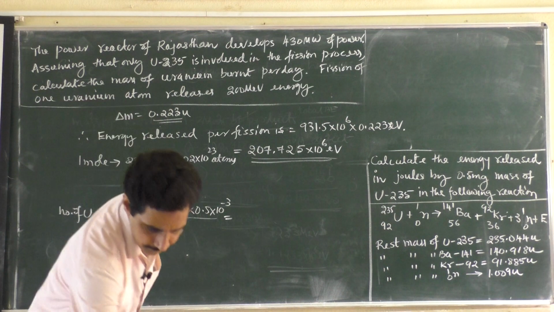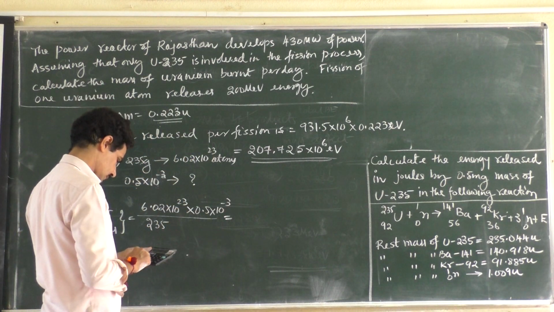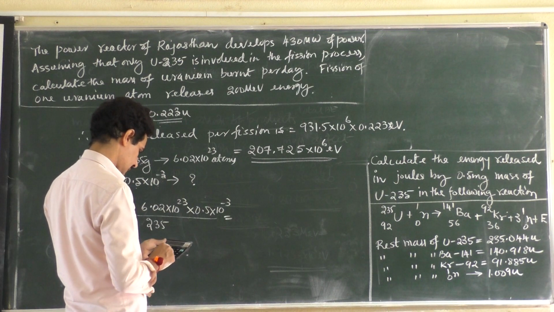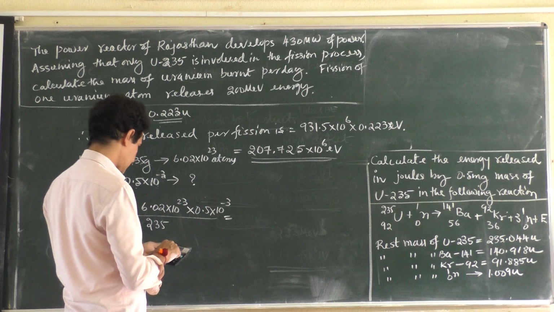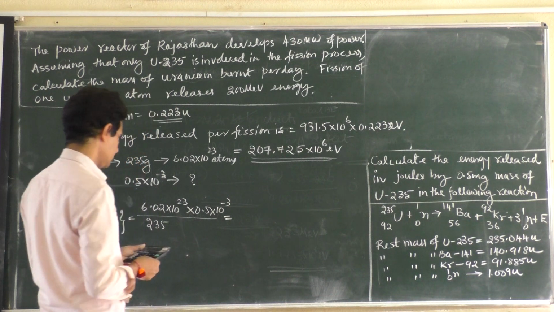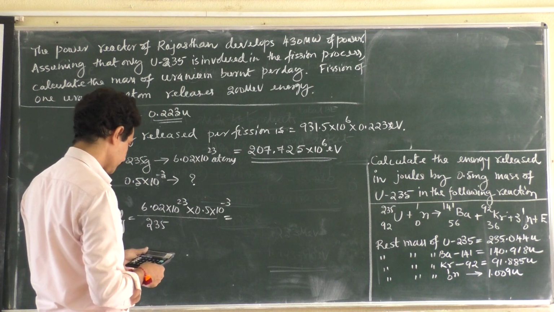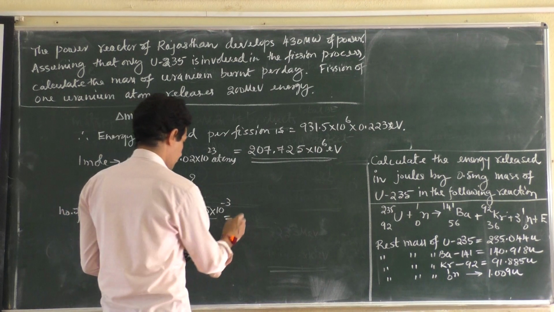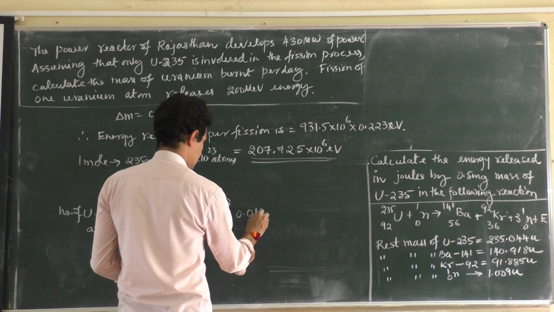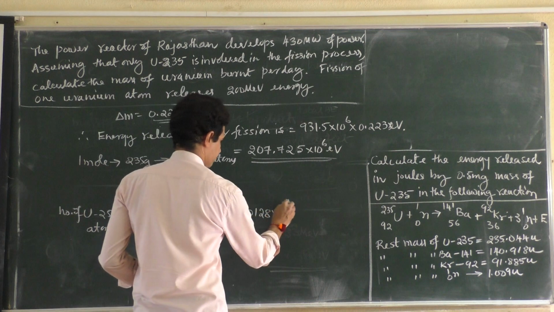Number of uranium atoms is 6.02 into 0.5 divided by 235. So this comes to 0.0128 into 10 to the power 20 atoms.